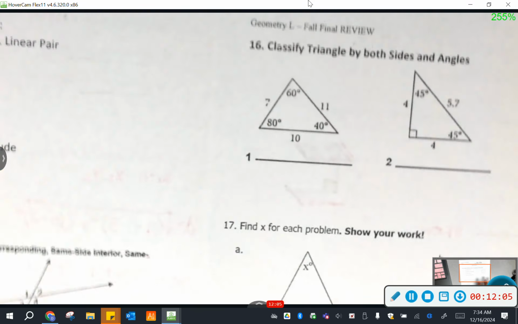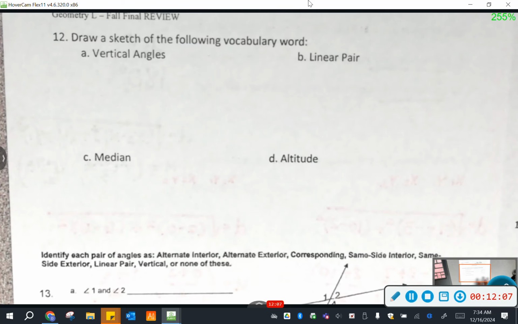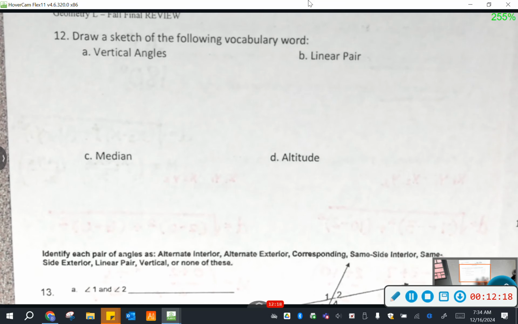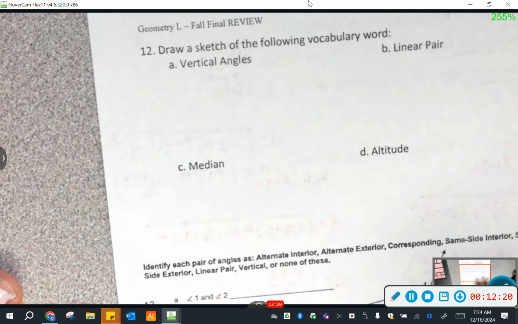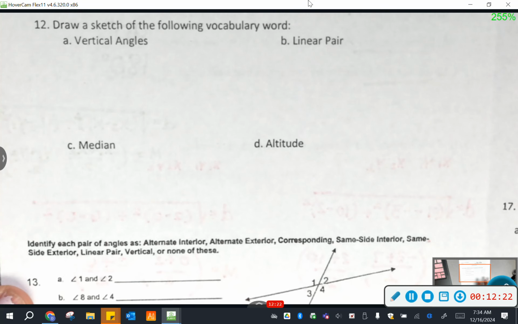Turning over. This just wants you to be able to recognize. Remember I told you it was going to be matching? So if I show you a picture, can you recognize the vocabulary word? What do vertical angles look like? Where are the angles?